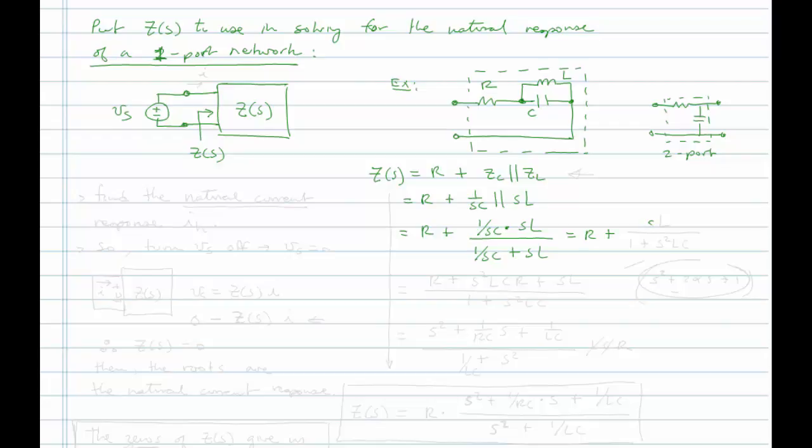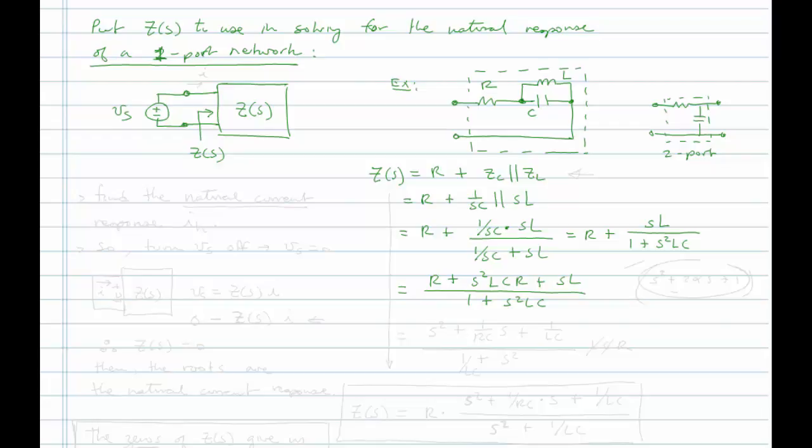So we'll have SL over 1 plus S squared LC. And then we might as well put it over a common denominator. So we'll have R plus S squared LCR plus SL all over 1 plus S squared LC.